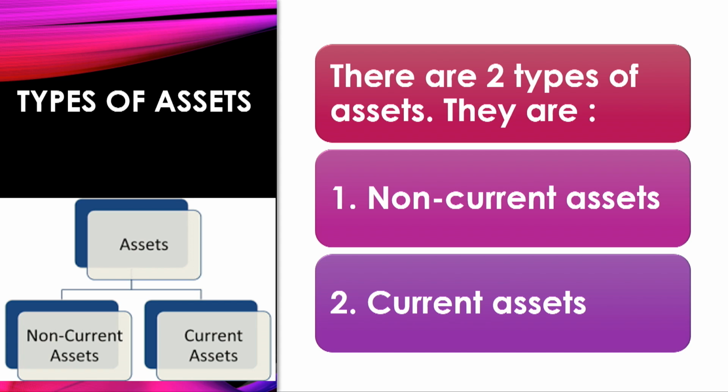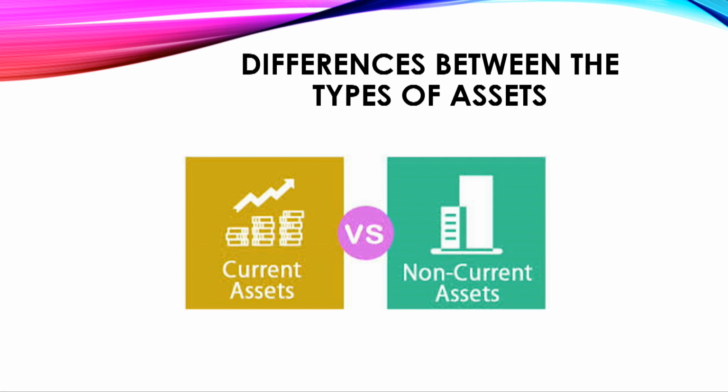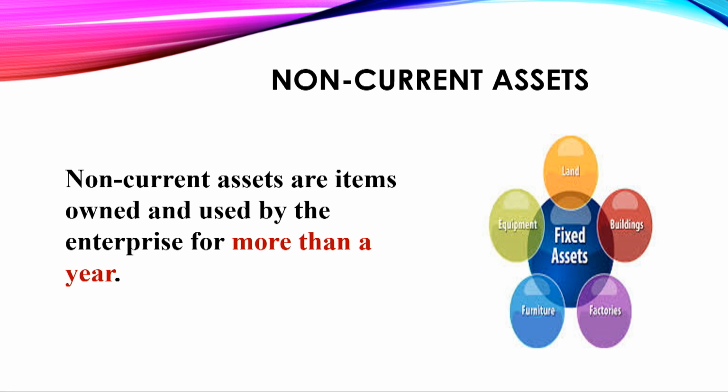There are two types of assets, namely non-current assets and current assets. Do you know what is the difference between non-current assets and current assets? Well, non-current assets are items owned and used by the enterprise for more than a year.